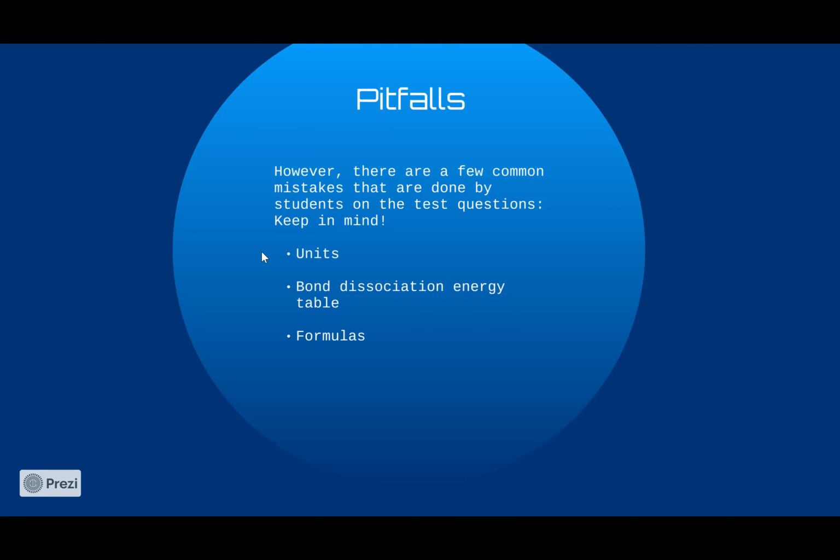And lastly, we have the formulas. Suppose you have all the values and calculations correct, but when it comes to the formula, you don't know how to apply it. You don't know which ones to refer to. That's where you lose marks. In other words, you need to avoid this happening.